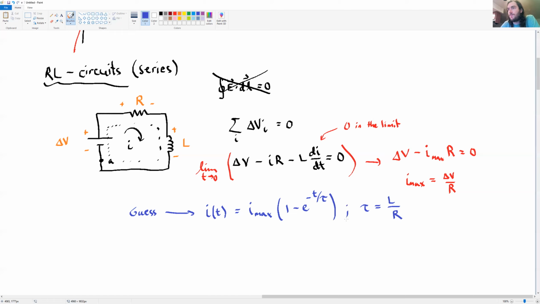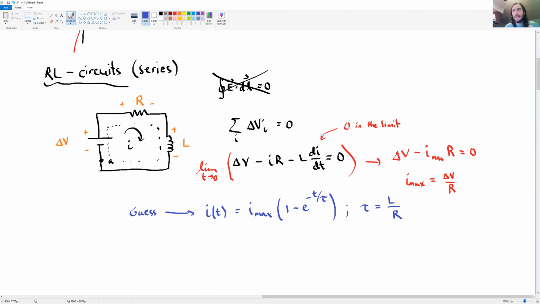Okay, the next thing to do would then be, of course, now we have the current. So now we want to figure everything else out, right? We want to know what's the voltage drop on the resistor? That's I times R. What's the voltage induced in the inductor?